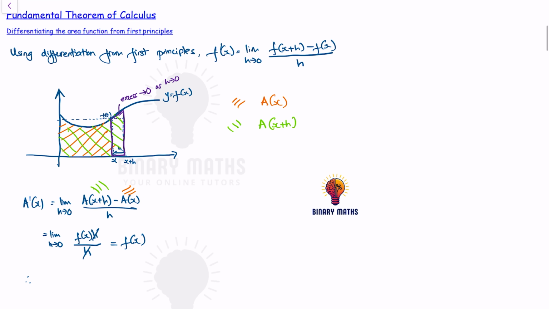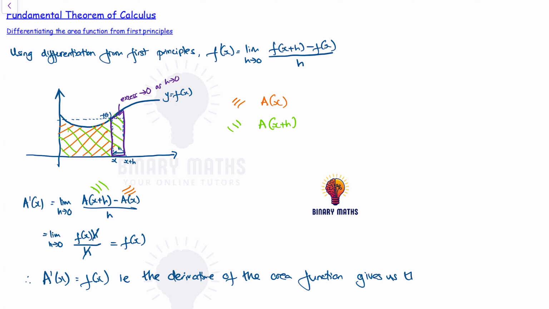So therefore, A dash of x is equal to f of x, i.e. the derivative of the area function gives us the original function. So when we differentiate the area, we get the original function.